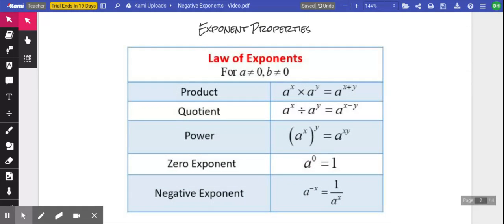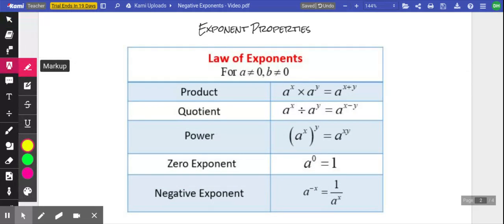We have the product property that says if you're trying to multiply one term by another and you've got the same base, all you have to do is add those exponents. The quotient property says if we're dividing these terms, all you have to do is subtract the exponents. Then you've got your power property where you multiply the two powers together. And then, of course, anything raised to the 0 power is simply going to be a 1 no matter what.